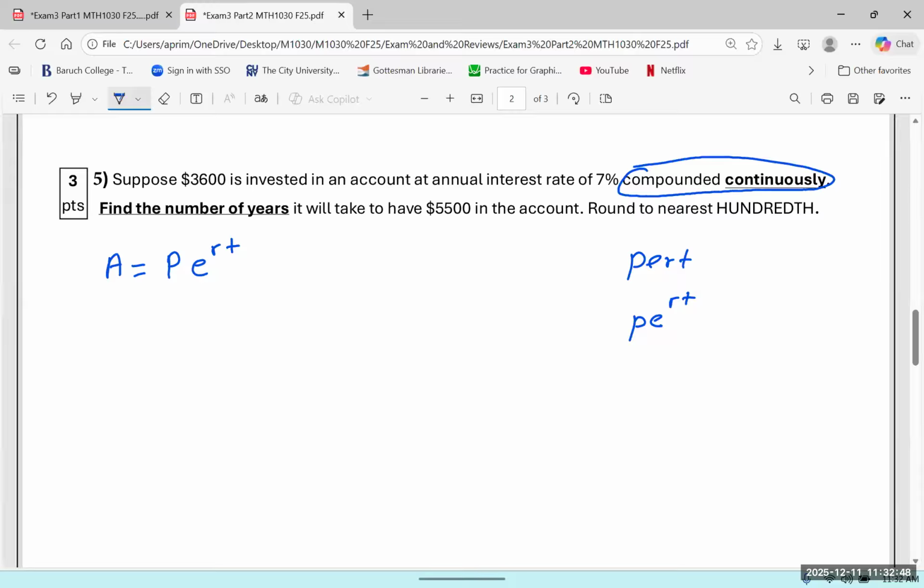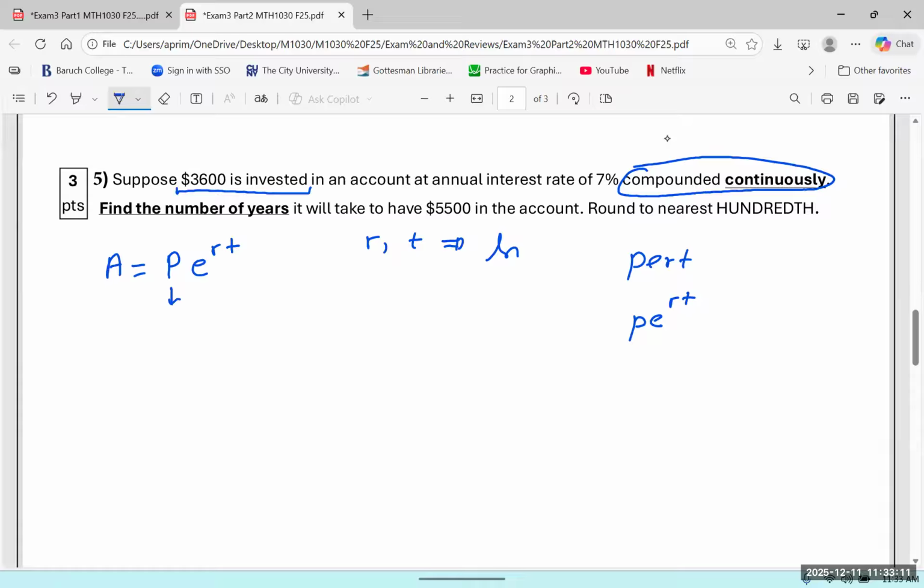That means if your unknowns are r or t and they ask you to solve for them, you need to call ln. Okay? So if you're solving for r or t, call ln. But if you're not solving for r or t, you don't need to use ln. Now let's see what they're asking for. You're investing this amount.